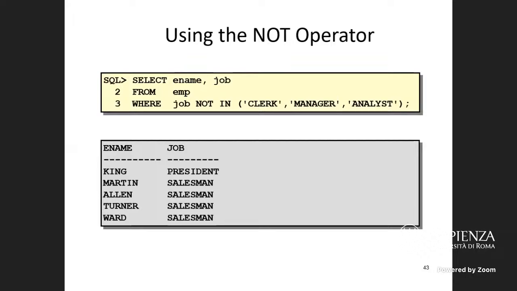Okay, the NOT operator is what you have here. You would notice when we talked about the IN operator, we said that you are looking for something in something. You are looking for it being in a list. The same way you can look for something, you can negate it. You can say you want the job ID not in this list. So you are looking for every employee whose job is not a clerk, is not a manager, and is not an analyst.